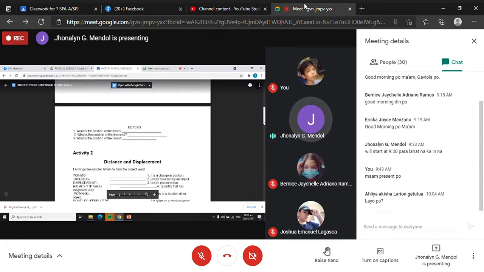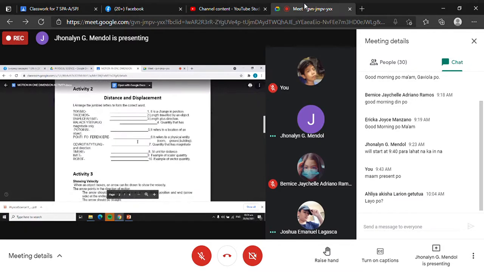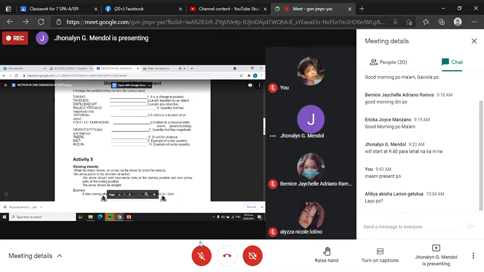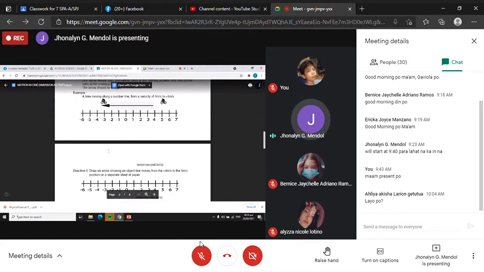Can you see it, class? Activity 2 is just easy. You just have to arrange the jumbled letters. These are all tackled a while ago. Activity number 3, these are just illustrations also for you to follow.